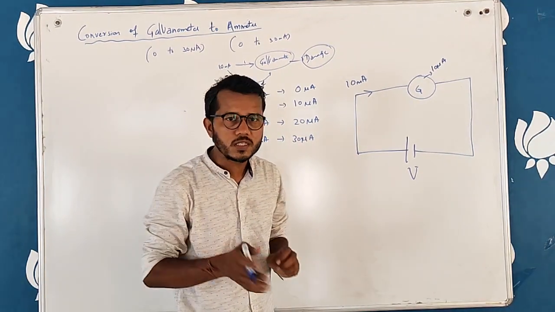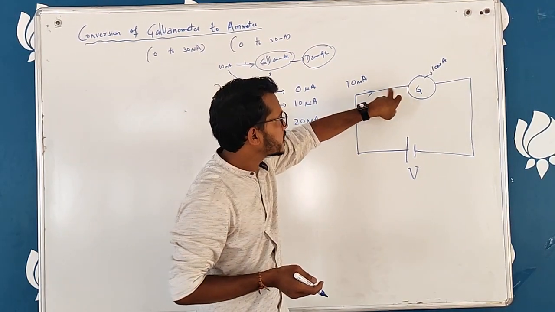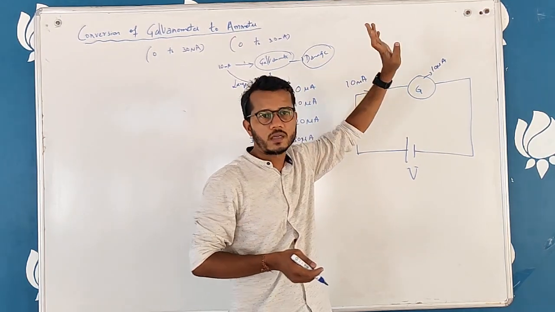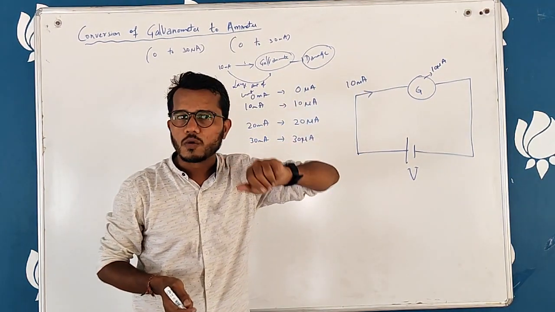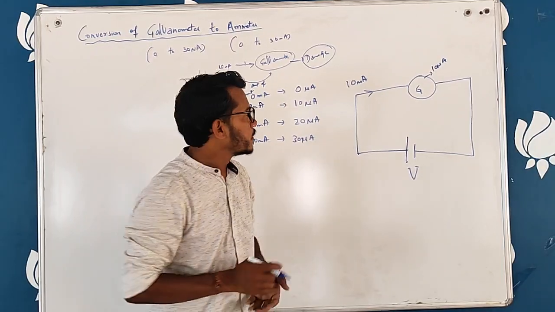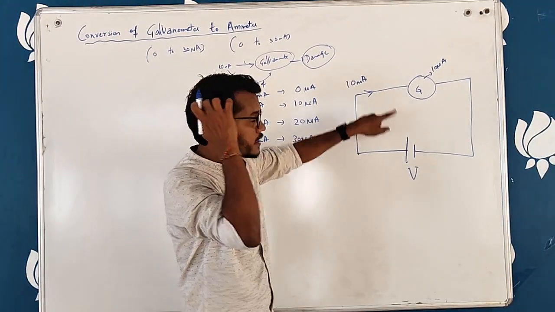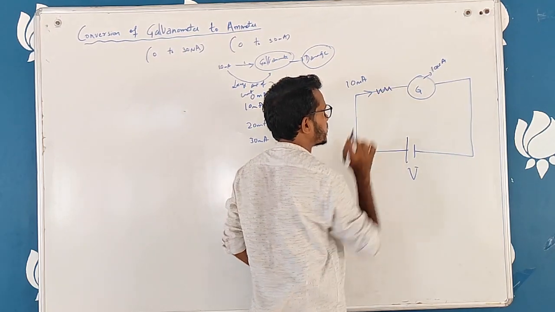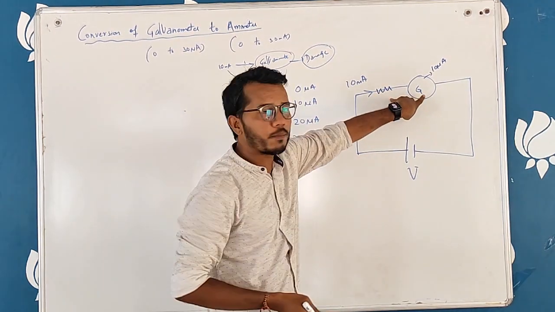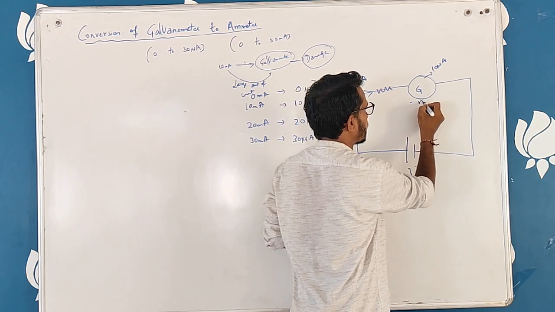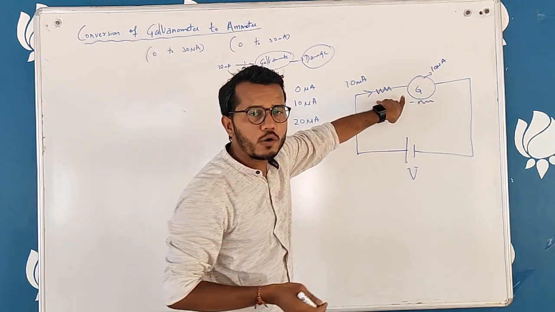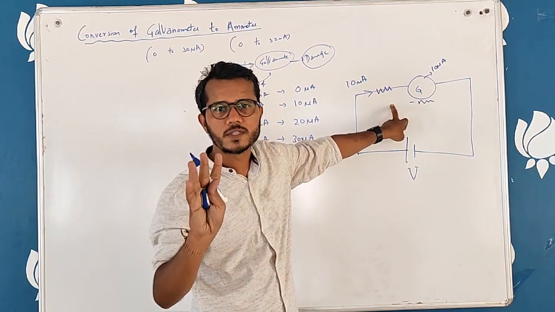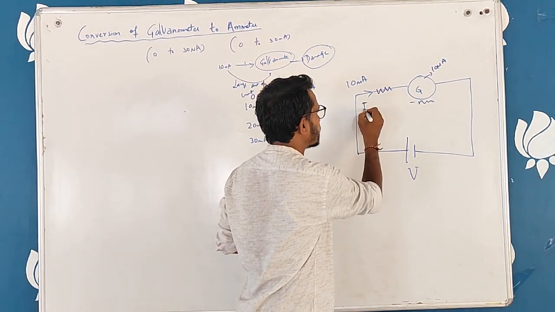Whether this resistance has to be connected in series or in parallel to the galvanometer is the first question that comes to mind. If I connect the resistance in series, the galvanometer has some internal resistance, and we all know that in a series connection the current flowing through the circuit is the same.